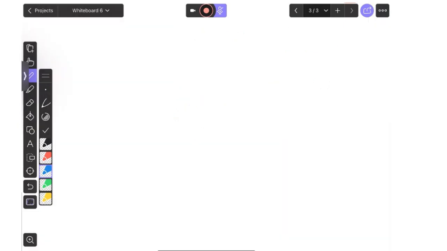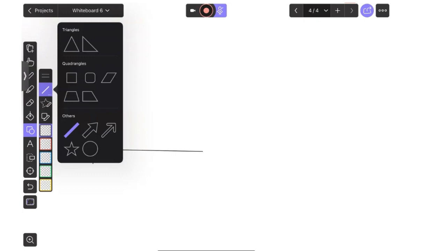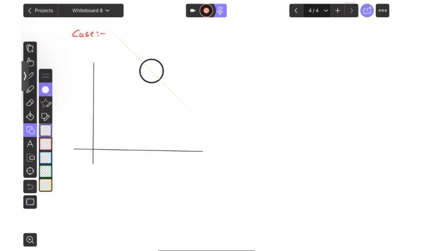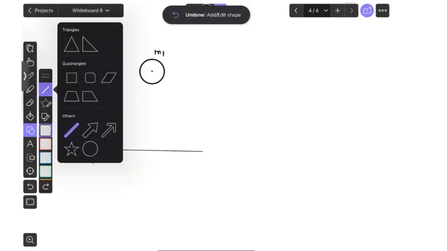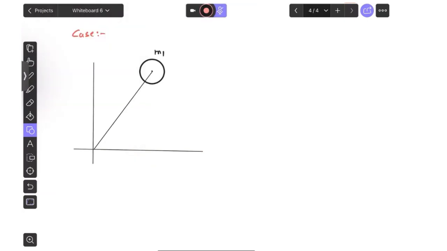The next kind of system you will come across is a system made out of chunks of masses. For example, I have a circle here of mass m1 whose center of mass position we know, suppose it is R1.